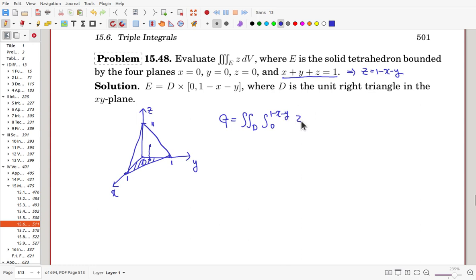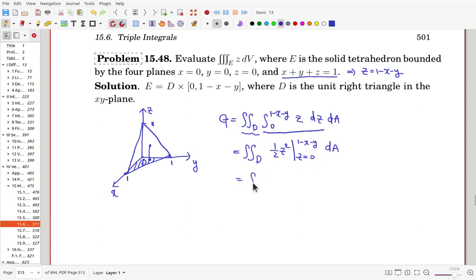The integrand is Z, and we have the vertical direction integration, and then the horizontal direction integration over D. So first we evaluate the inside: the double integral over D of half Z squared, with Z from 0 to 1 minus X minus Y, dA.